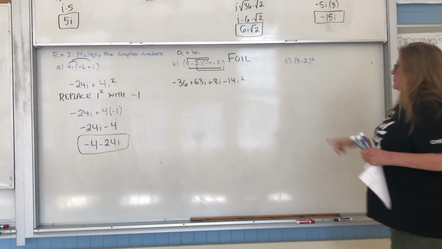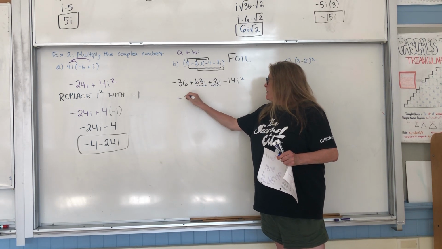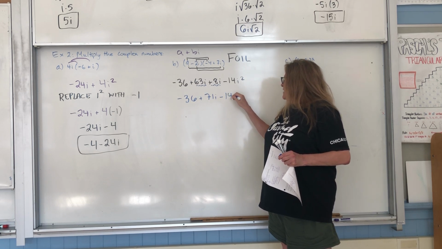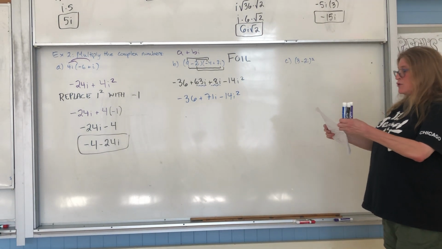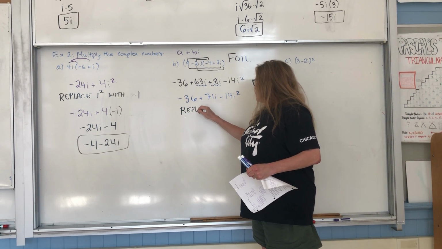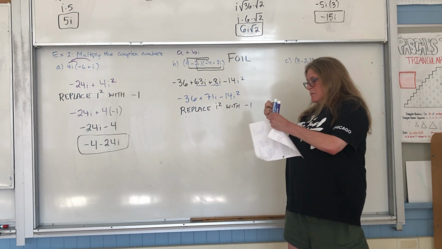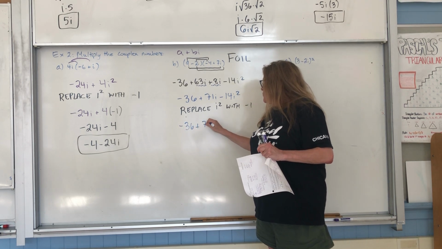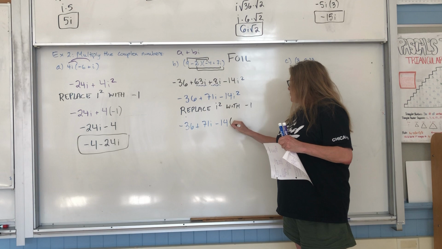So before I start dealing with the i squared, let's combine like terms here. So I've got negative 36 plus 71i minus 14i squared. And just like we did in the problem right before, we are going to replace i squared with negative 1. So that means I'm going to have negative 36 plus 71i minus 14, and then, instead of i squared, I'm going to write a negative 1.